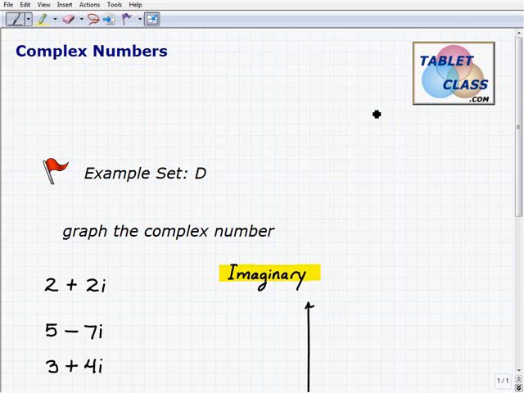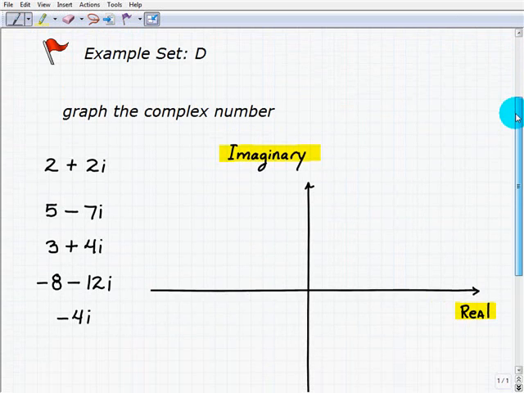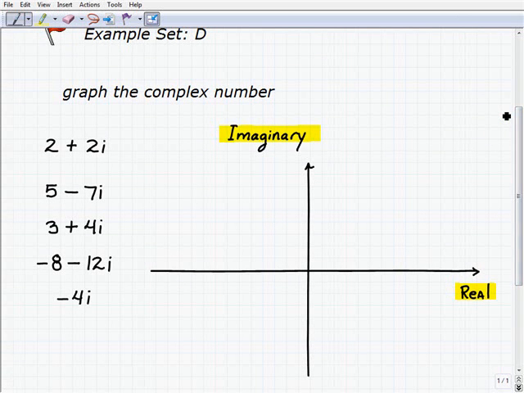As we discussed in the lesson, we need another coordinate system other than the XY coordinate system to graph complex numbers. That coordinate system, the plane that we're going to be using, consists of two axes, and I have them here.